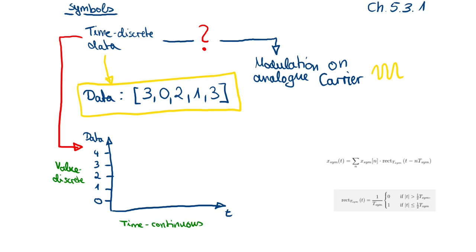And the first data symbol here is 3. So we started with 3. And we retain this value for a certain period. And this period is called the symbol period.